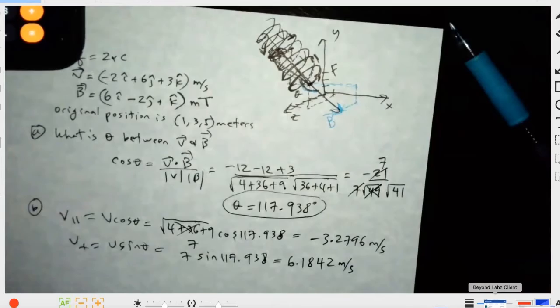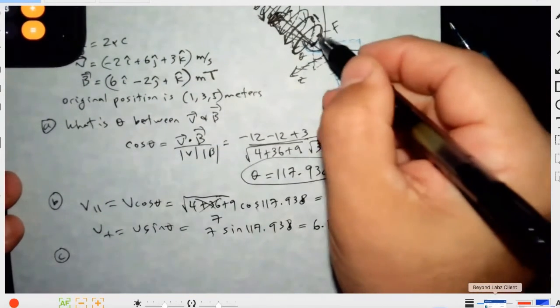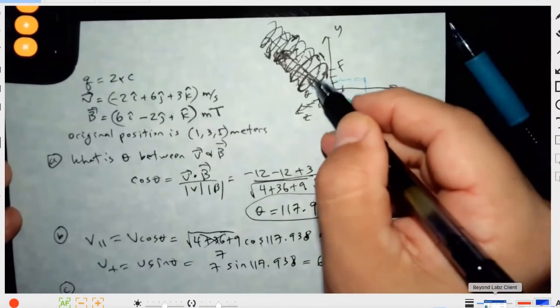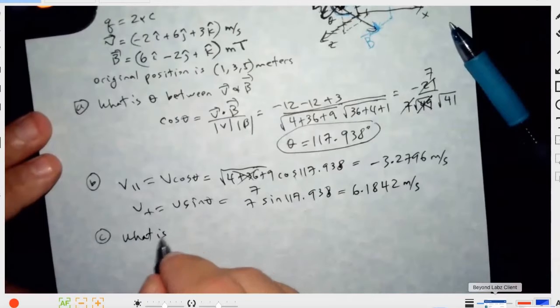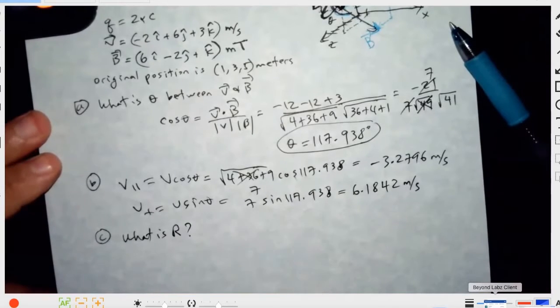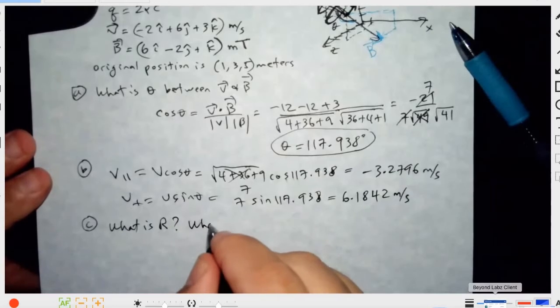Okay, like that. So then we can ask, what is the radius of that orbit? What is r? And what is the pitch?